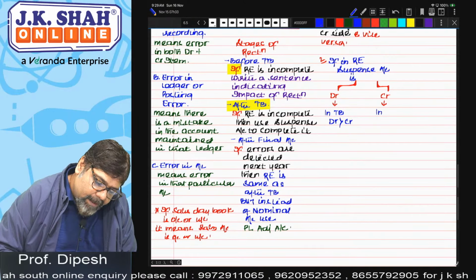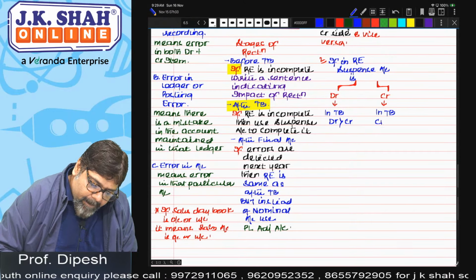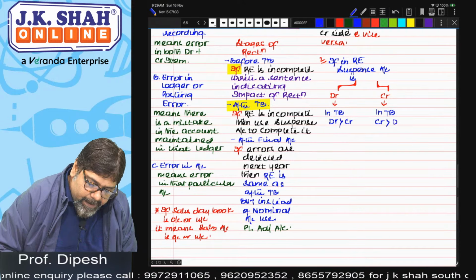If it is credited, that means in trial balance credit is greater than debit.